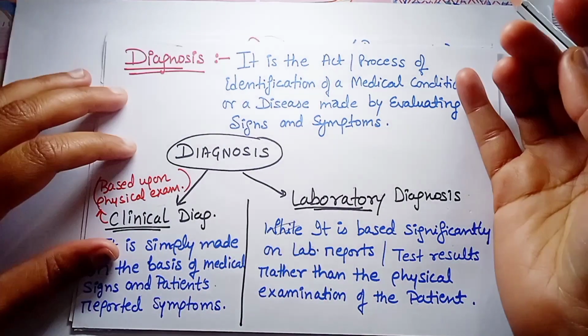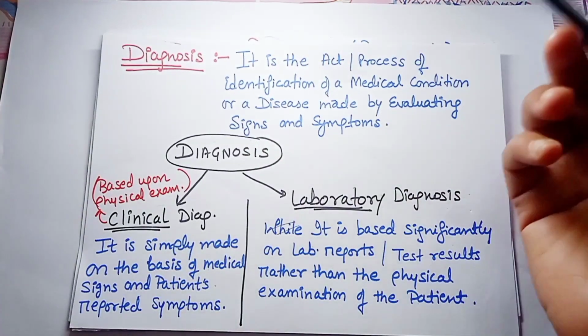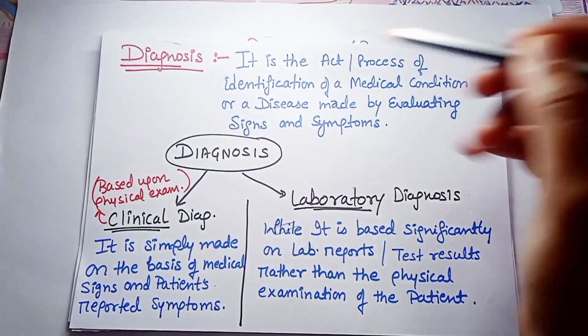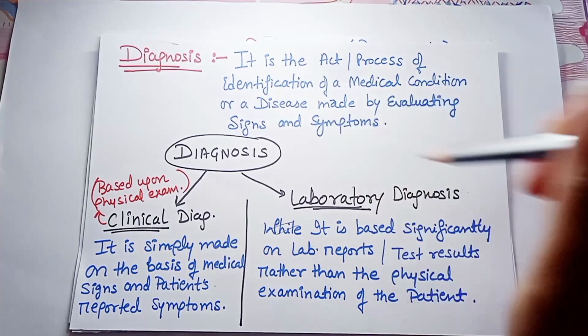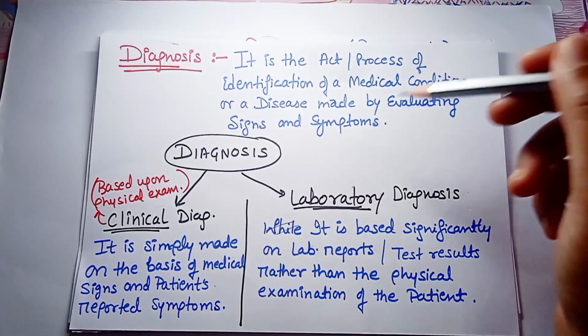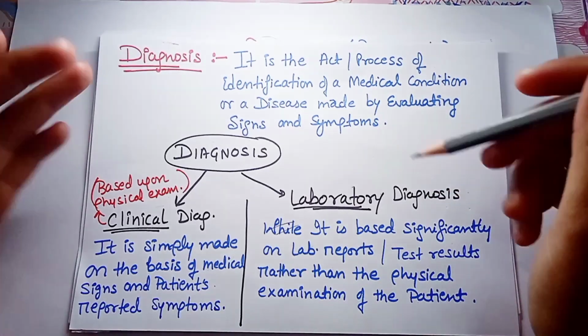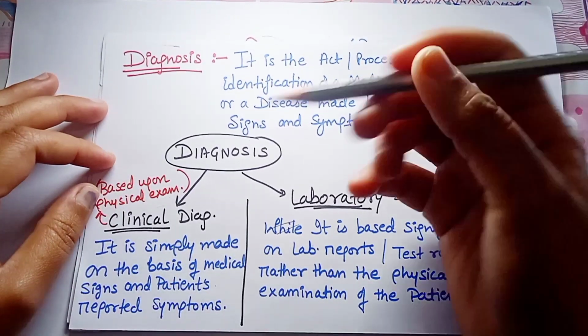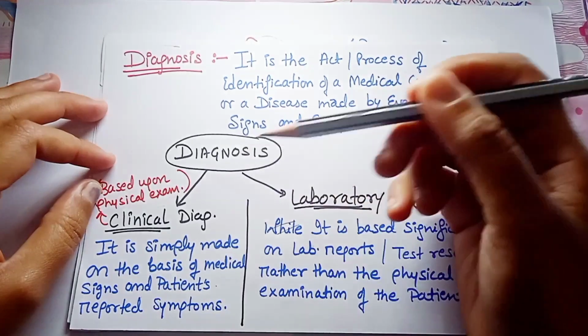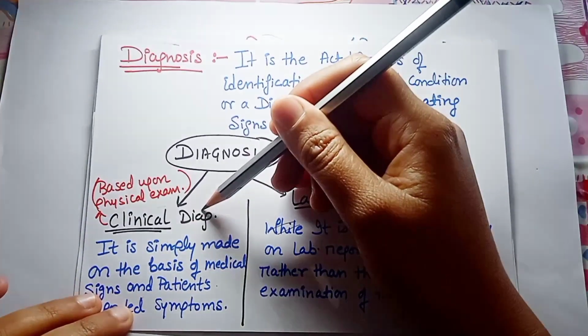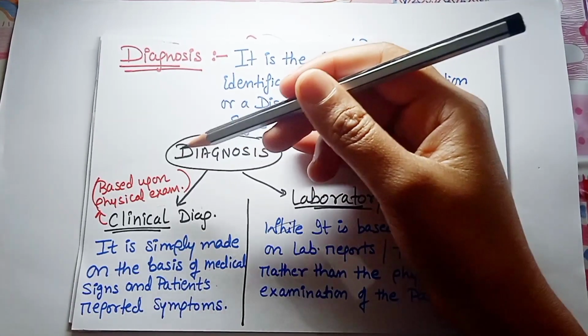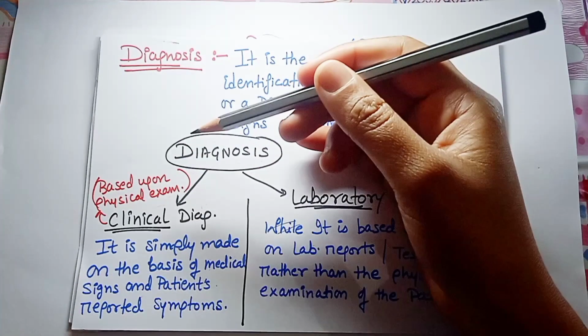Let's see what is diagnosis. By definition, diagnosis is the act or process of identification of a medical condition or a disease made by evaluating signs and symptoms. I hope you got it. Diagnosis can be clinical diagnosis and lab diagnosis. Clinical diagnosis is simply based upon physical examination.